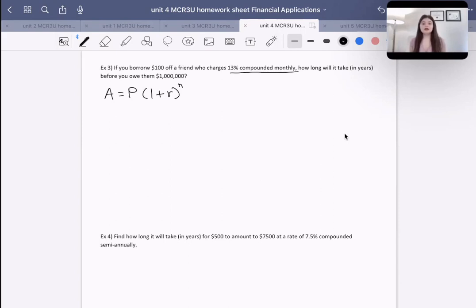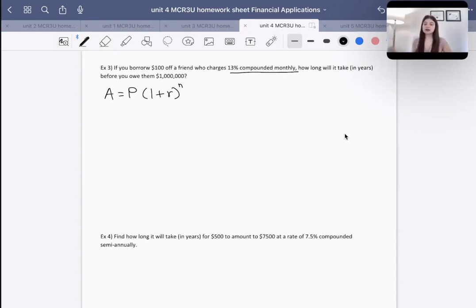So once we find n, that's not actually the end game. We also then have to convert that to years because the number of compounding periods is the same as the number of months, but not the number of years. If it said compounded annually, then the number of compounding periods and the number of years would be the same thing, but that's something I just want to watch for.